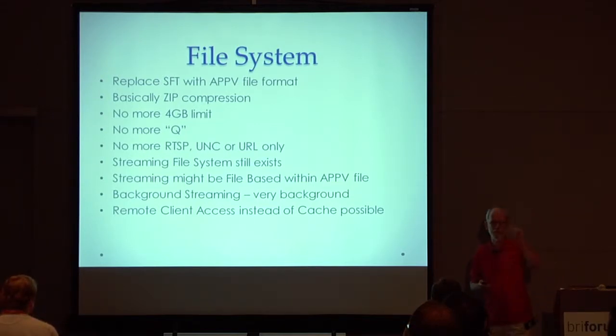Okay. We are still doing file level streaming within it. Streaming doesn't go away, which is good. And then there's a change to the way we have background streaming. So in 4.6, Microsoft introduced background streaming to the client. So you get this virtual application. It comes down to the client in terms of the publishing information, and then all the bits itself can sort of stream down in the background.